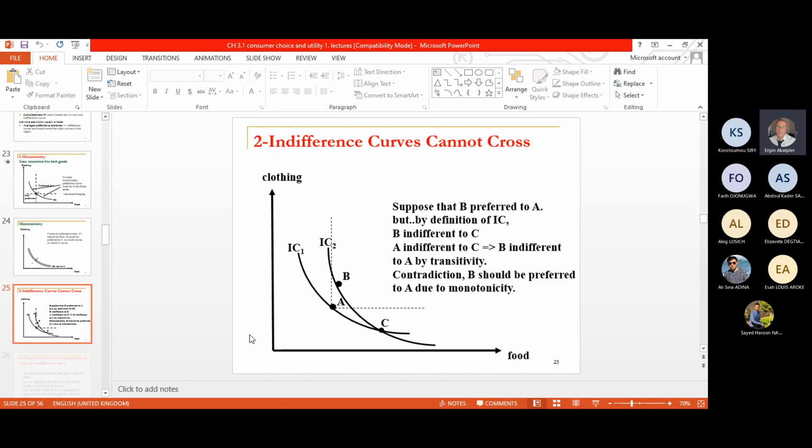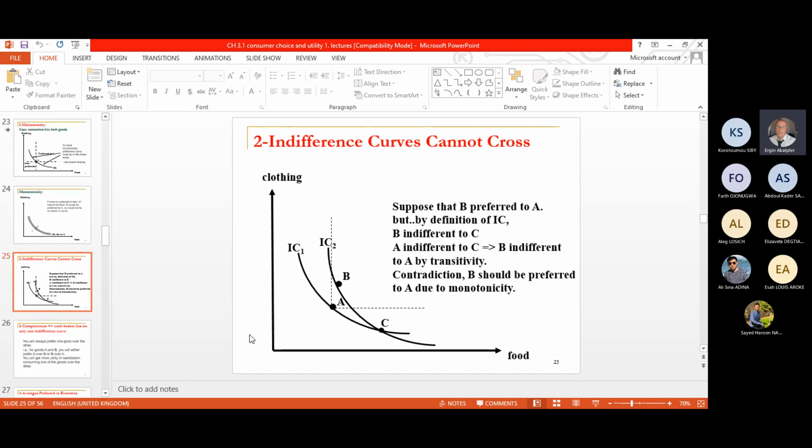And it is not possible for curves to cross each other because, as you see, indifference curve 2 in the upper area in the vertical direction is higher than indifference curve 1, but when you approach the x-axis it intersects indifference curve 1 and goes downward. This is not possible because we suppose that each indifference curve is in an upper or lower position and they cannot intersect each other.